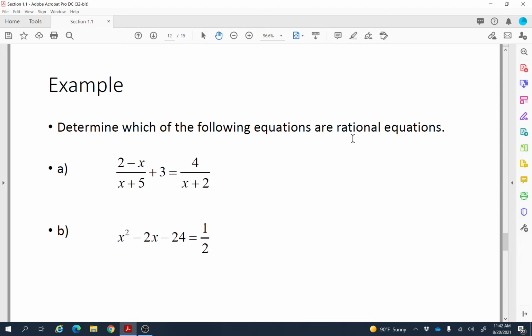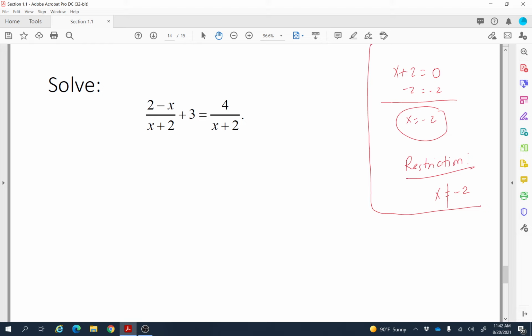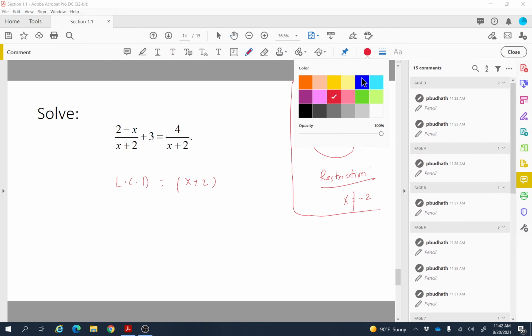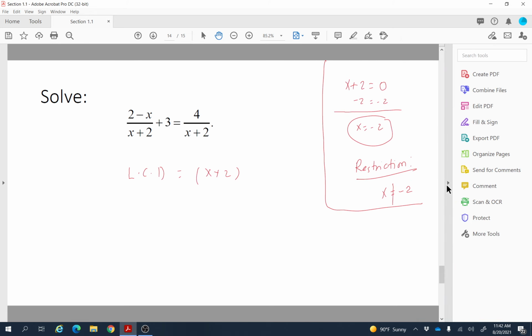Similarly, here we also need to find the LCD. As you can see, they have the same denominator, so the LCD would be x plus 2. After finding the LCD, we multiply both sides of this equation by it.